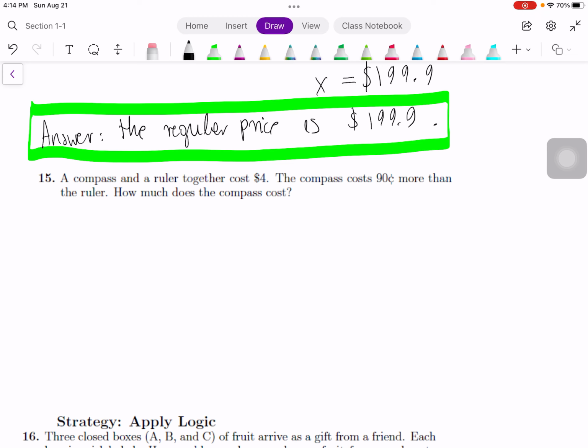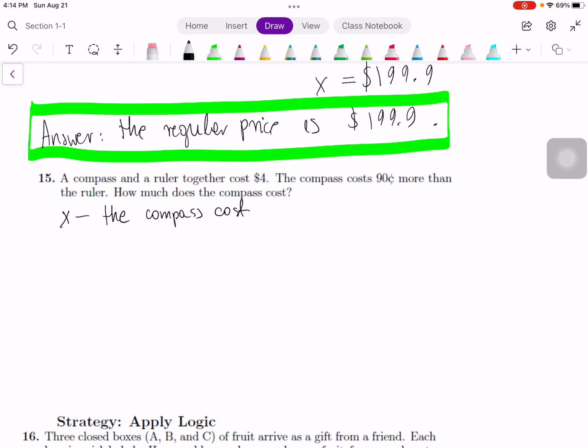So we basically have two things, a compass and a ruler, and we want to figure out the cost of the compass. We usually call x what we're trying to find, so x is the price for the compass. Then we know that the compass costs 90 cents more than the ruler.